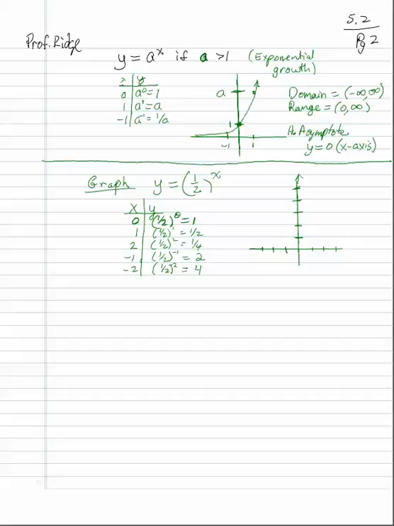So let's see, 0, 1; 1, 1/2; 2, 1/4. If we did 3, it would be 1/8, so 1/2 cubed is 1/8. Negative 1, 2. Negative 2, 4. If we did negative 3, it would be 8.